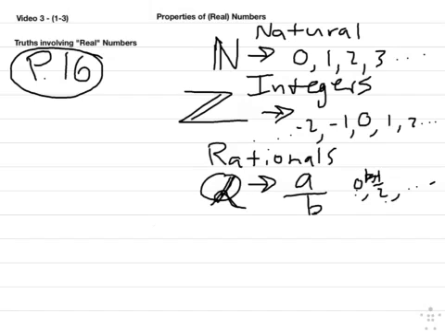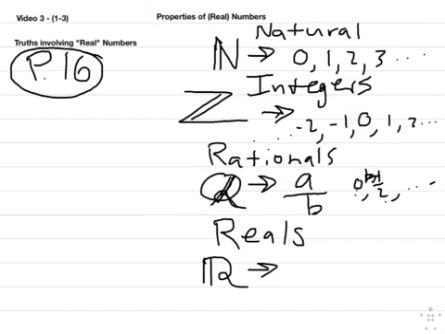Okay, and then we have one more, and that's called the reals. That's the number system that we work with almost exclusively in Algebra 1, and that's a cool looking R, like so.